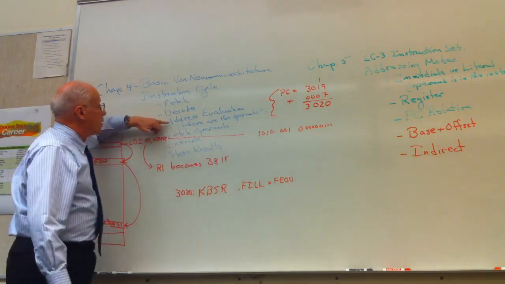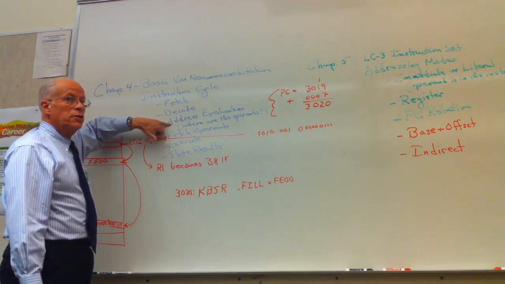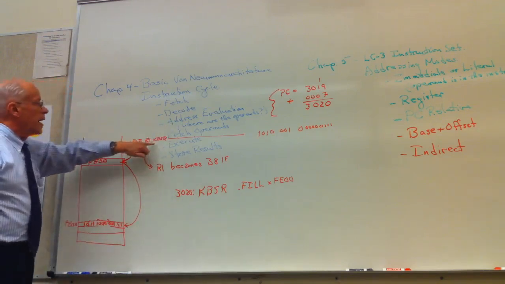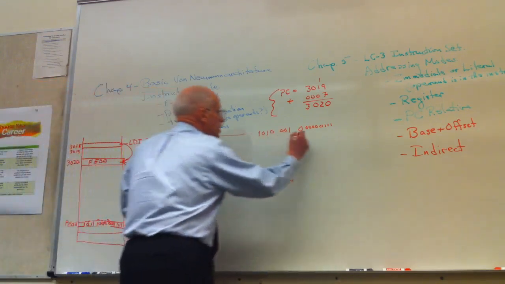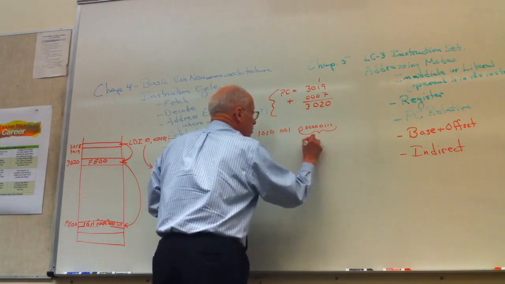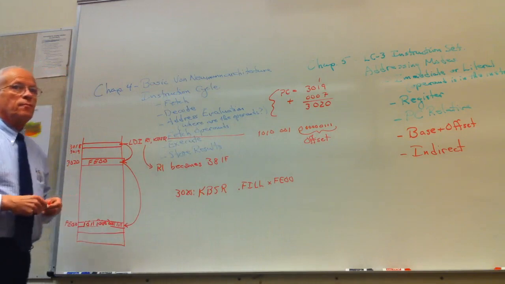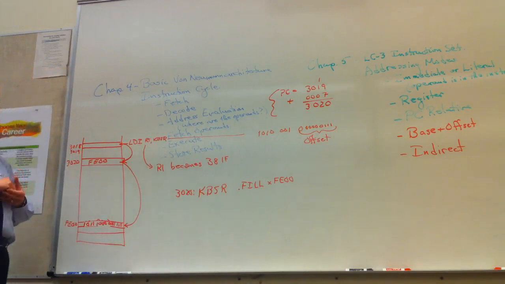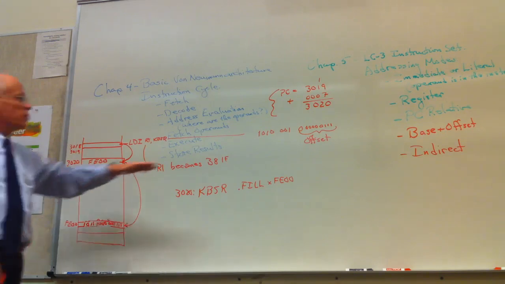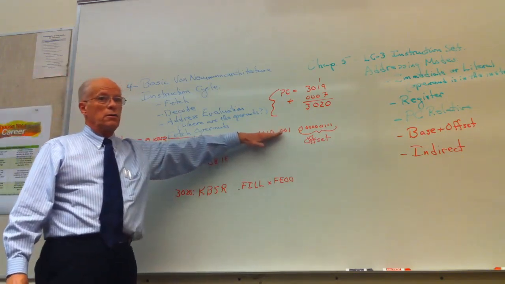As part of the address evaluation, it adds this offset to the current contents of the PC. The PC itself is not changed. Emphasize that. And where is the offset? It's in the instruction. This is my instruction right here.